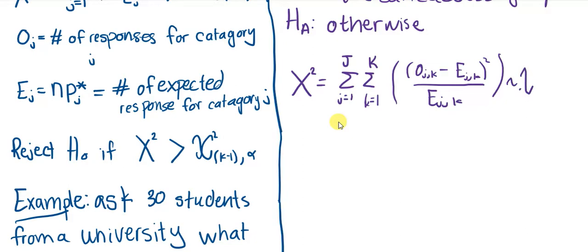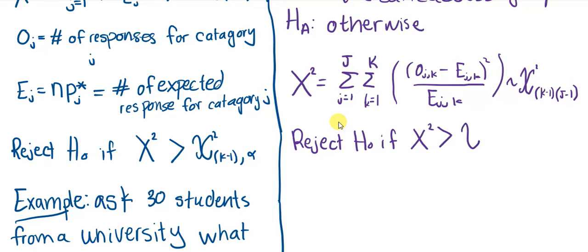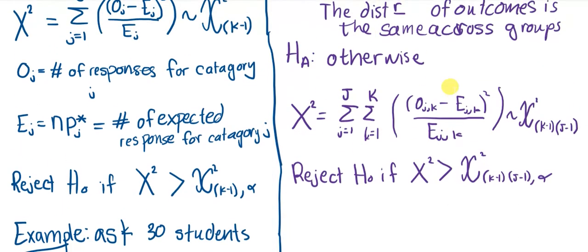This follows a chi-square with (K minus 1) times (J minus 1) degrees of freedom under H null. So we reject H naught if X squared is greater than chi-square K minus 1 J minus 1 at level alpha. The test statistic is virtually the same; now we're just doing this across all groups.